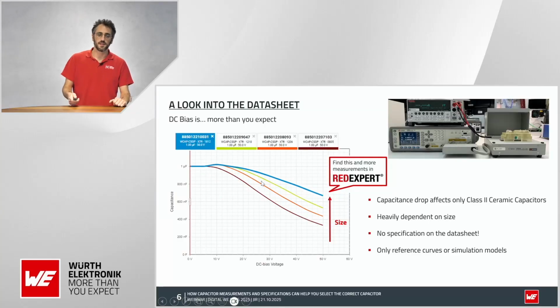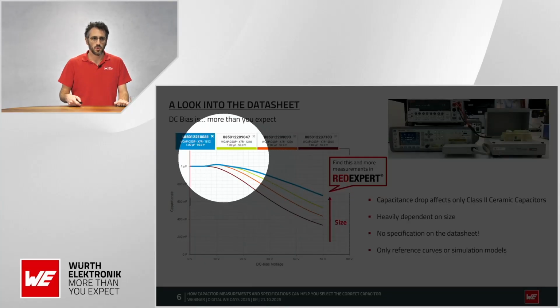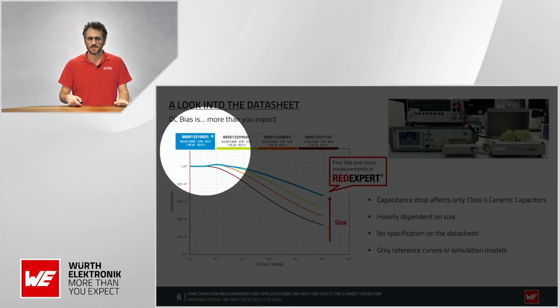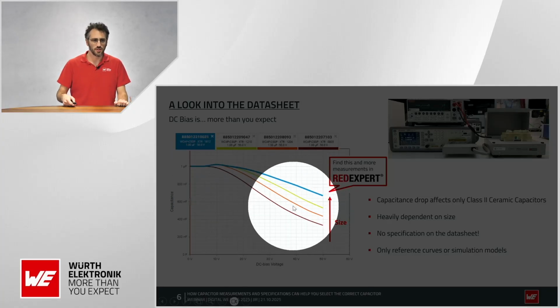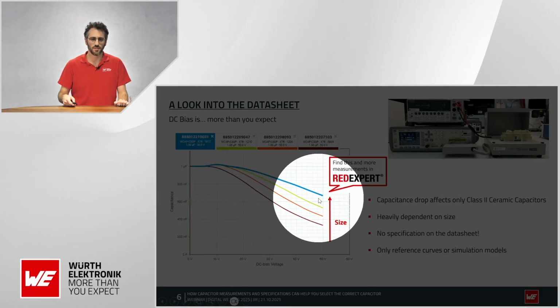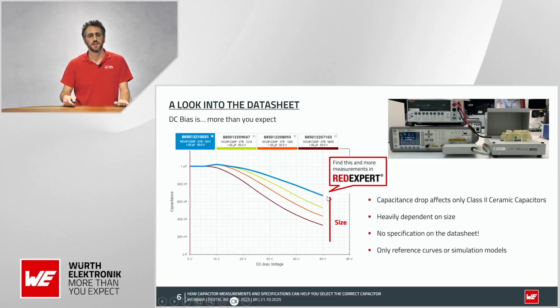And in this example that I show you, you can see four ceramic capacitors with 1 microfarad and 50 volt. But all of them have different size, and you can see the blue one is a 1812 size, so it's quite big, and it has a capacitance drop to around 700 nanofarad. So it's losing 30% more or less at rated voltage.